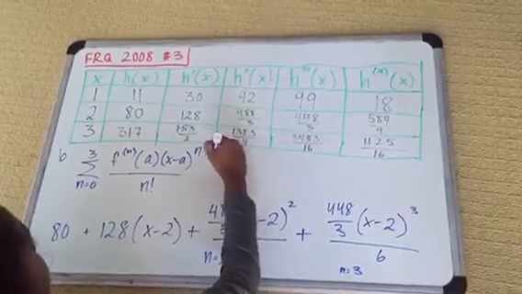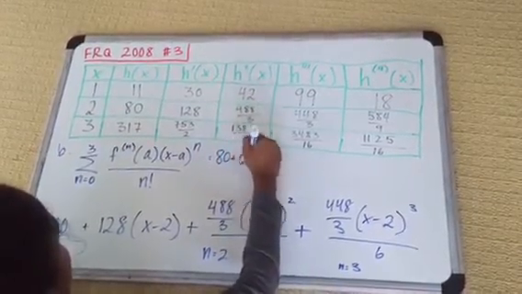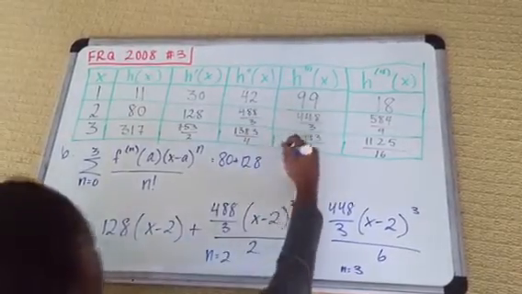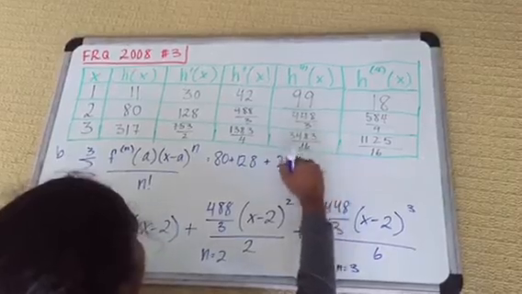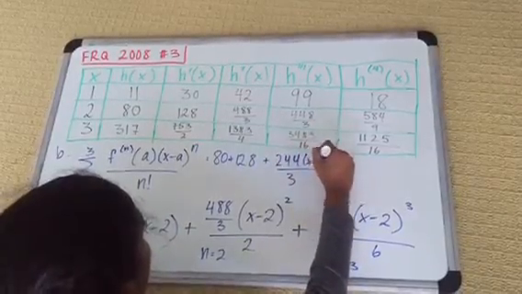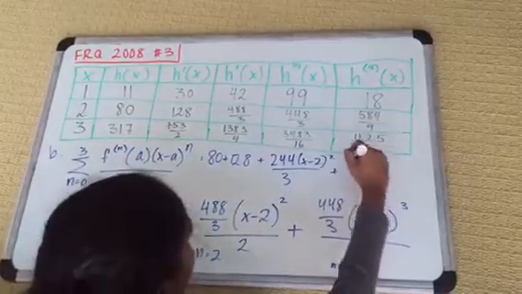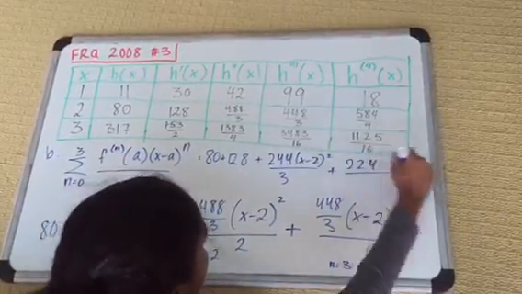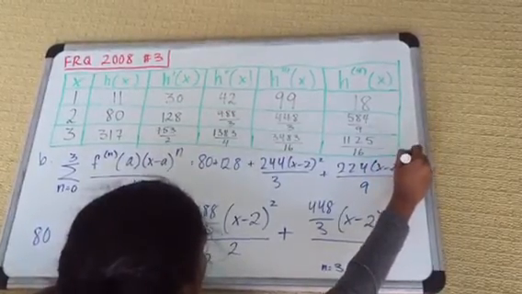Now we're just going to simplify that. So we get 80 plus 128 times x minus 2, plus 244 over 3 times x minus 2 squared, plus 224 over 9 times x minus 2 cubed.